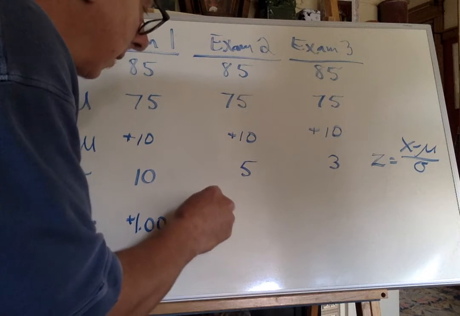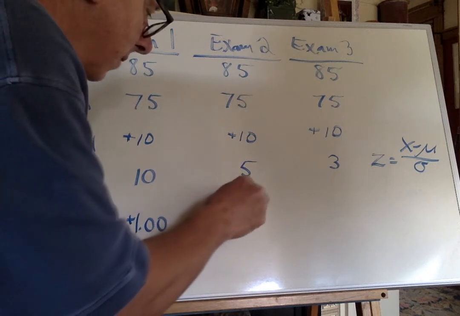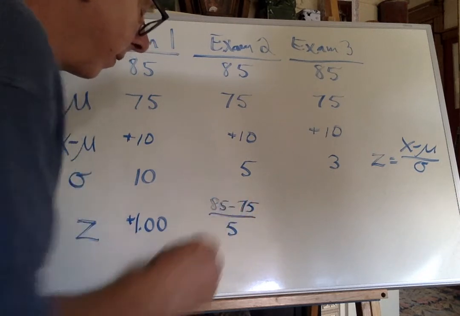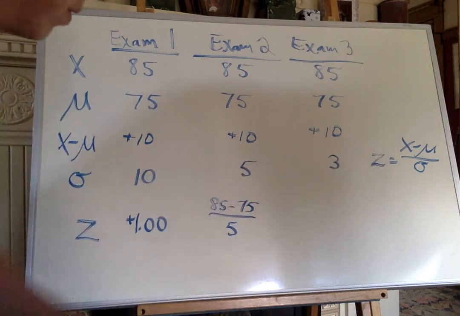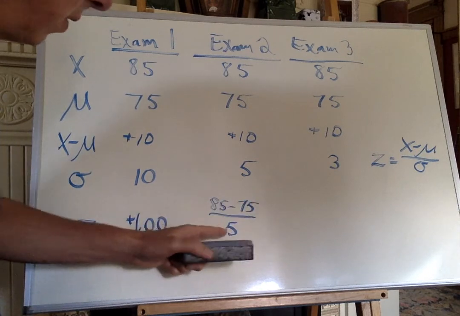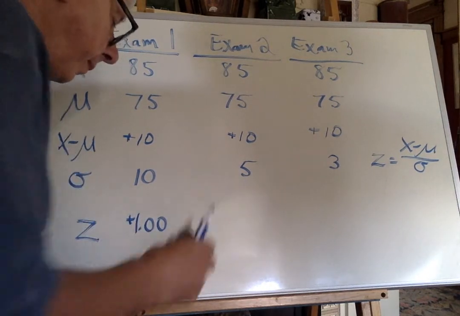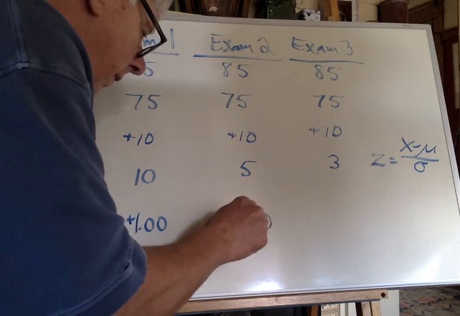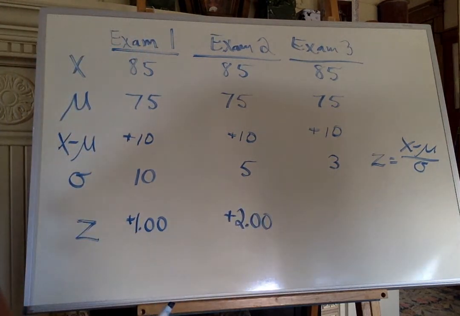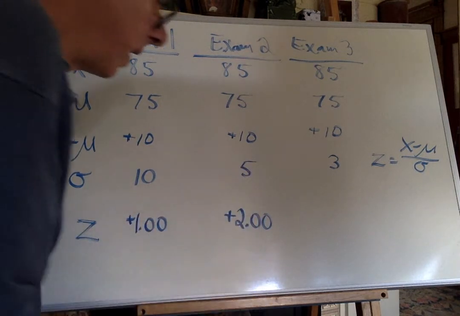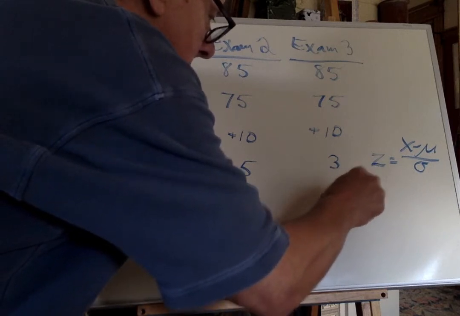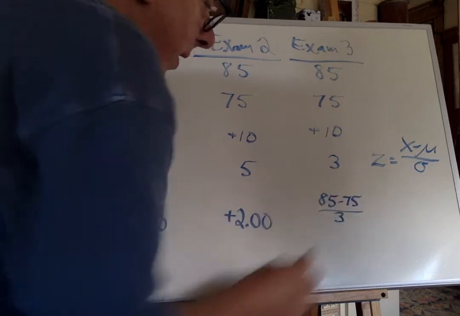So let's do this. 85 minus 75 divided by 5, right? That's my z-score formula. 10 over 5. My z-score here is 2.00, okay? And then likewise, we have 85 minus 75 divided by 3.